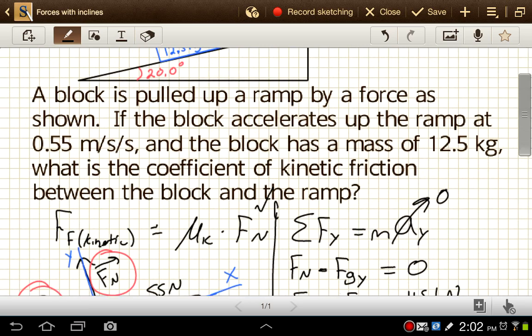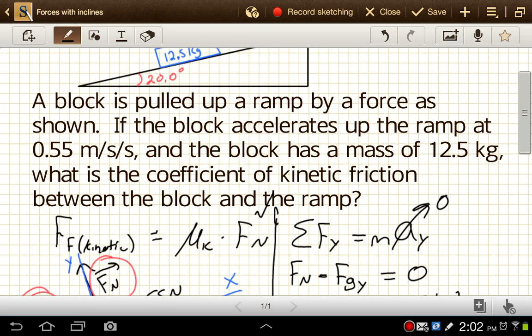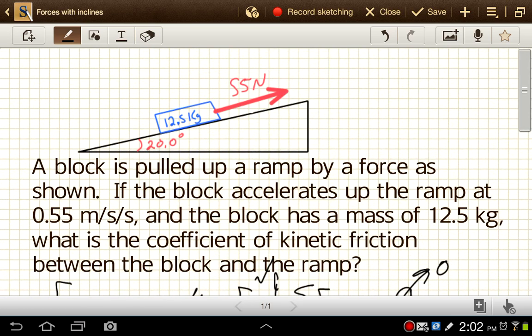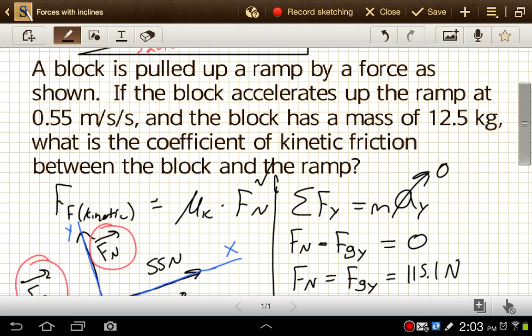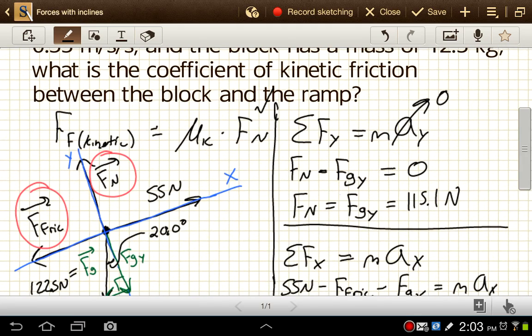Alright, so the process here is a little lengthy, for sure, but it's always about the same. Start out by finding an equation that has the ultimate goal variable in it, and then use that to figure out what you need to solve first. So I'm looking for mu k. It appears in this equation.